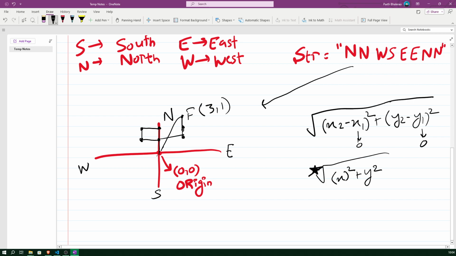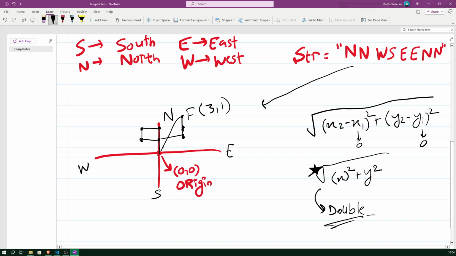Lastly, we return the displacement, and because it's a square root, the answer will be in the form of a double.